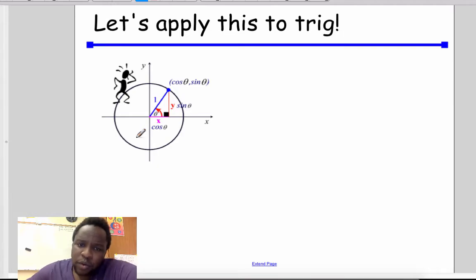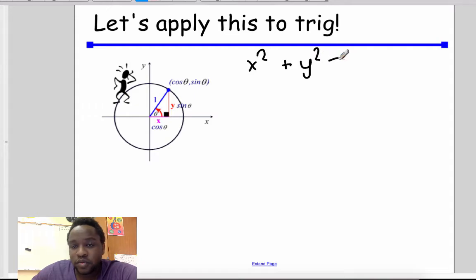So let's say we wanted to find the side lengths of this triangle. I would say that, using the Pythagorean theorem, x squared plus y squared is equal to hypotenuse squared, 1 squared.